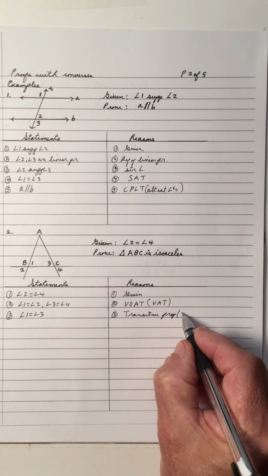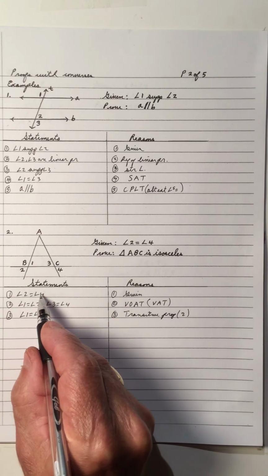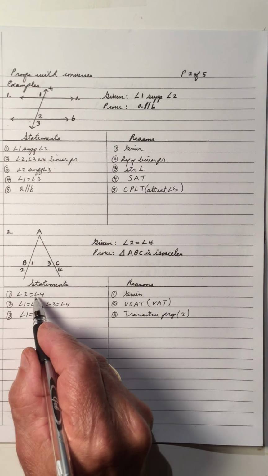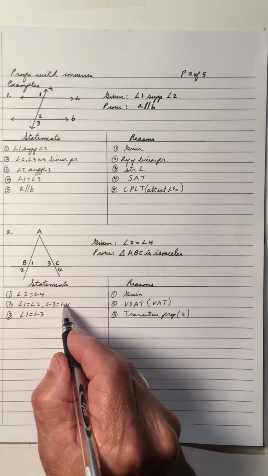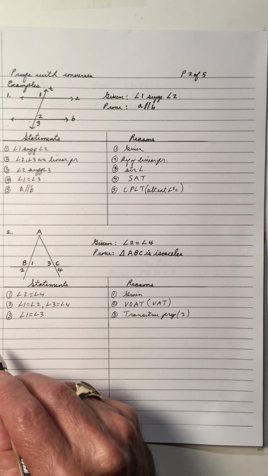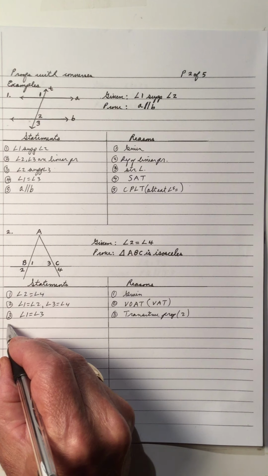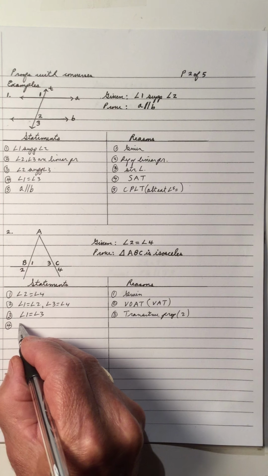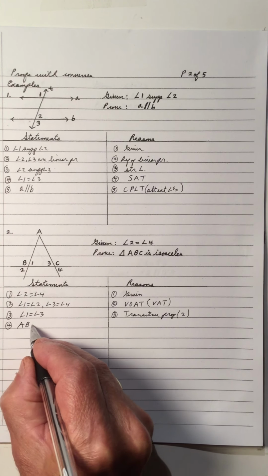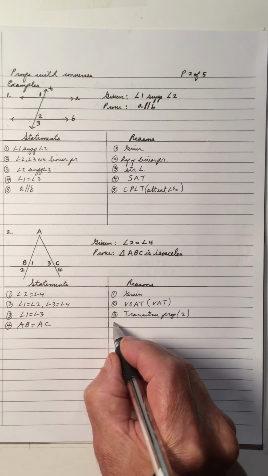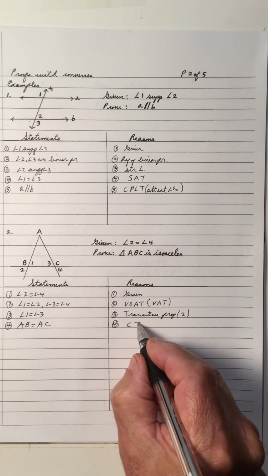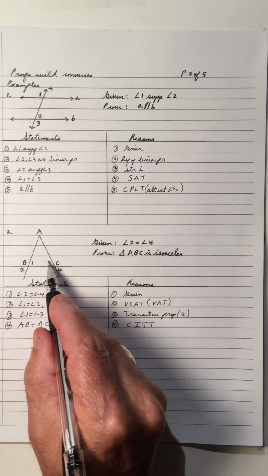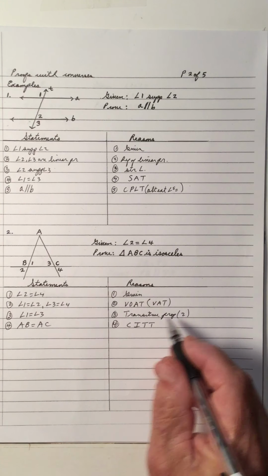As I say, there are two of them there. If 2 equals 4 and 1 equals 2, that means 1 is equal to 4. If 1 is equal to 4 and 3 is equal to 4, 1 is equal to 3. Transitive property twice. And we have the two angles equal in the triangle, so that means that AB is equal to AC, and that's the converse of the ITT, which means if two angles are equal, the sides opposite those angles are equal.